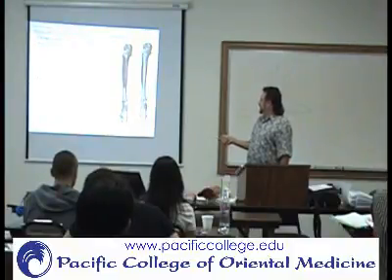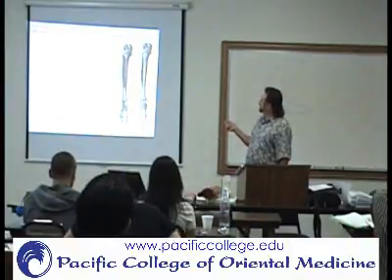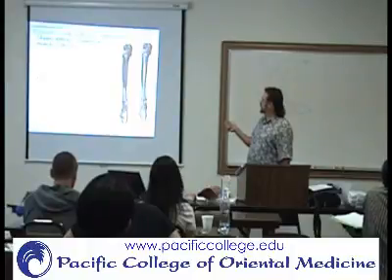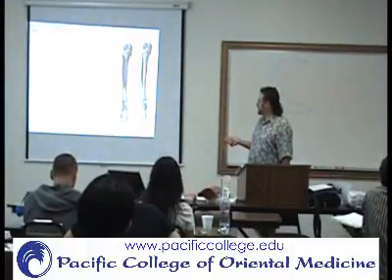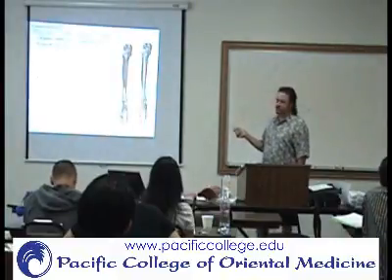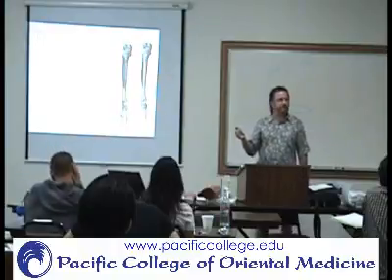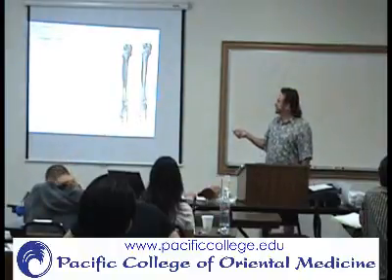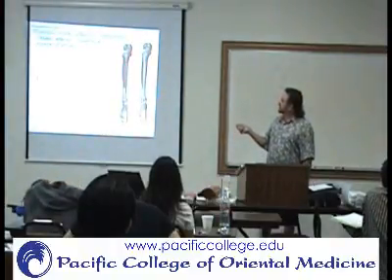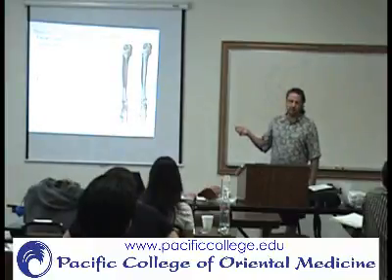So the origin is going to be lateral tibial condyle up here, and then also off of the fibula and the interosseous membrane. Because when you're talking about muscles that are more, like I said before, the ones that are more superficial tend to be just off of the bones themselves. And then once you get into the deeper parts, then you're talking about the two different bones and then part of the interosseous membrane.